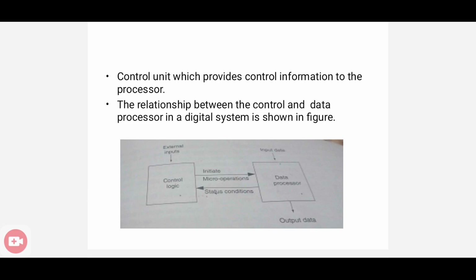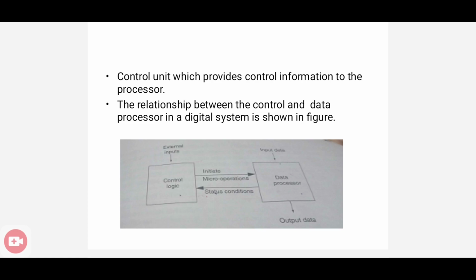That processing is an operation performed on the data, and these operations are known as micro operations. And who initiates these micro operations? The control logic, or control unit, initiates them.